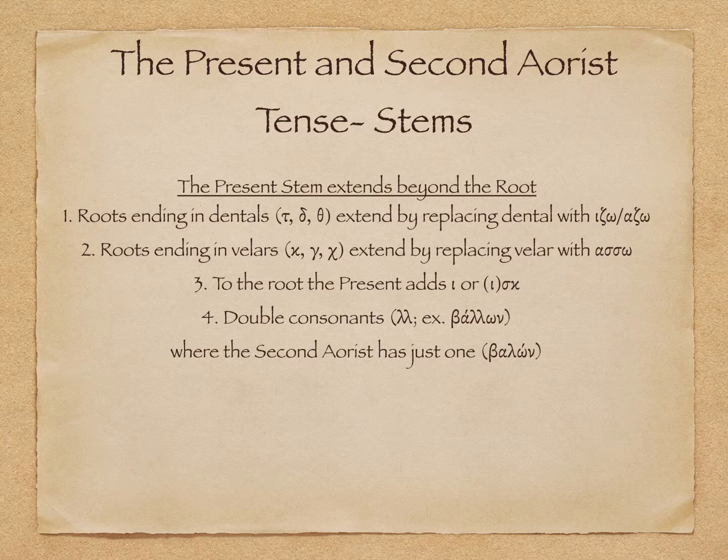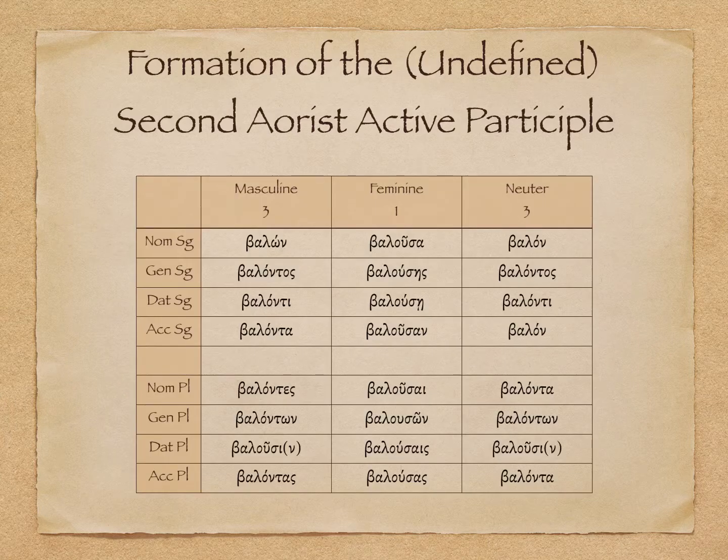But second aorist, they don't add the idzo, odzo for a dental or the double sigma for the velar, and they don't have the double consonant pattern. If you look at number 4, the ballon present participle, the second aorist is just balon.